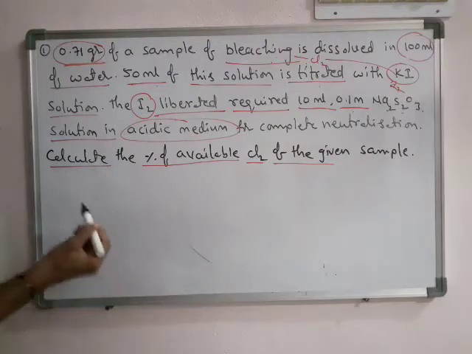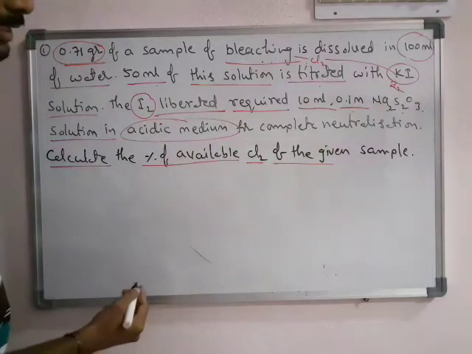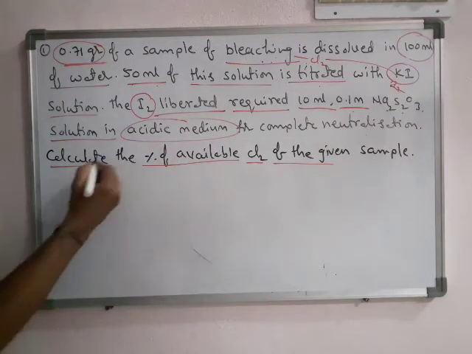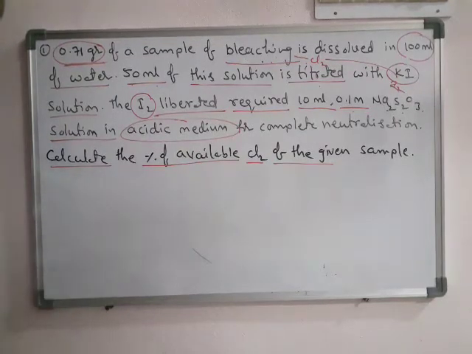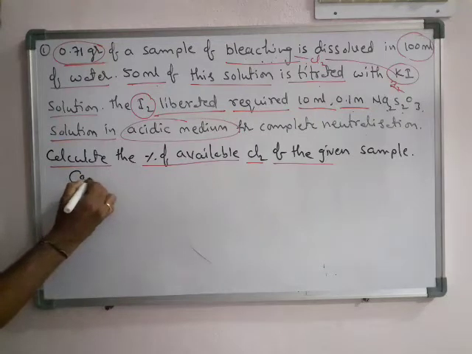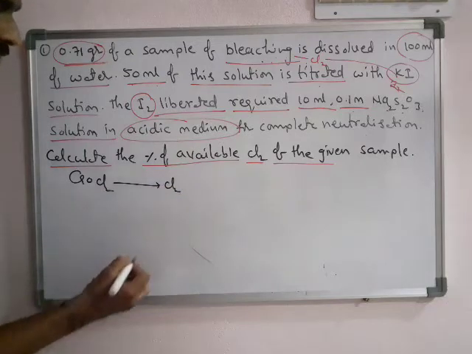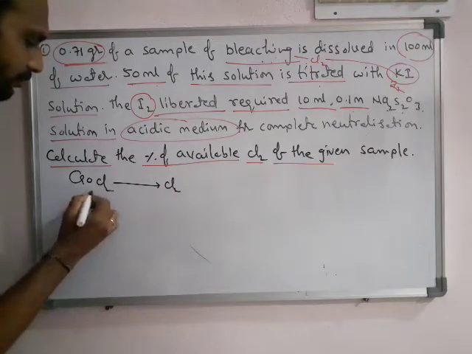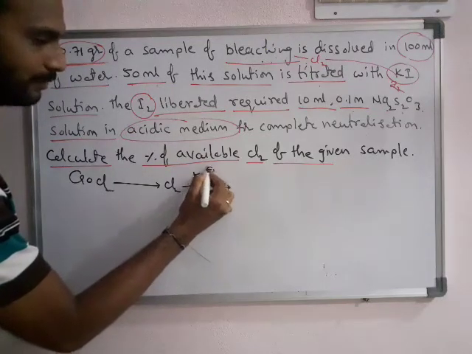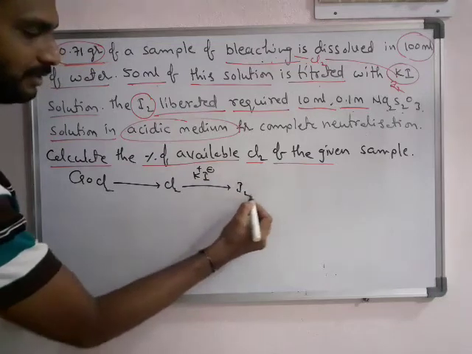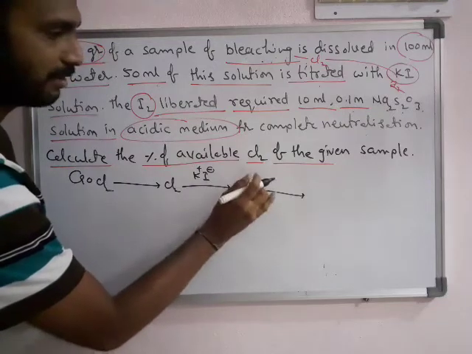Okay, so here, at first bleaching powder is titrated with potassium iodide. We know the relation that bleaching powder releases chlorine. This chlorine converts the potassium iodide into iodine, and this iodine is neutralized with sodium thiosulfate.